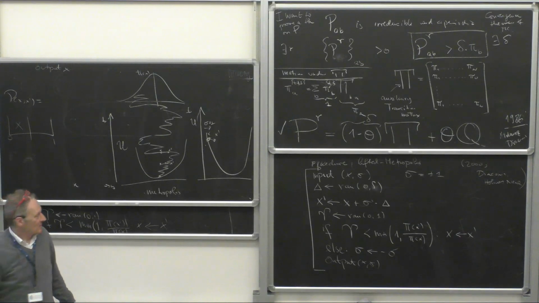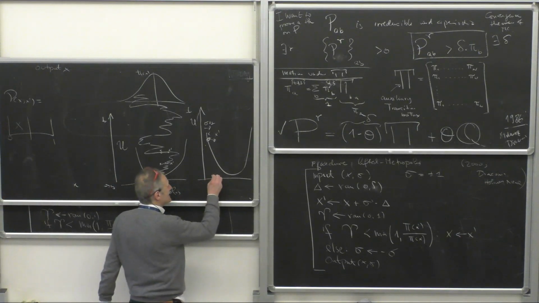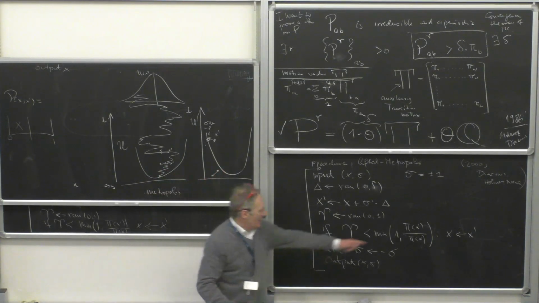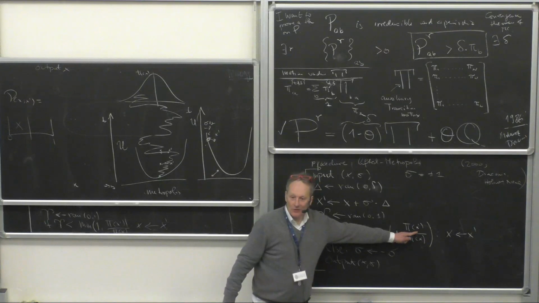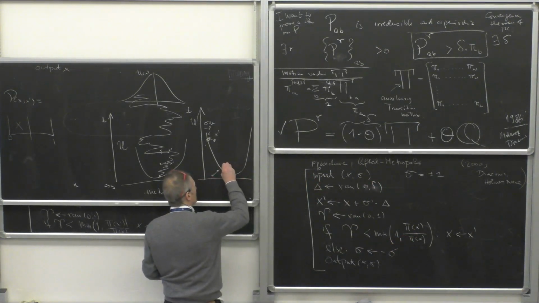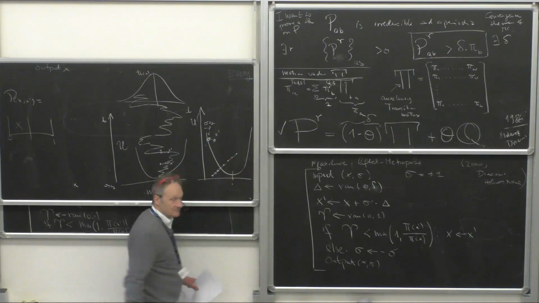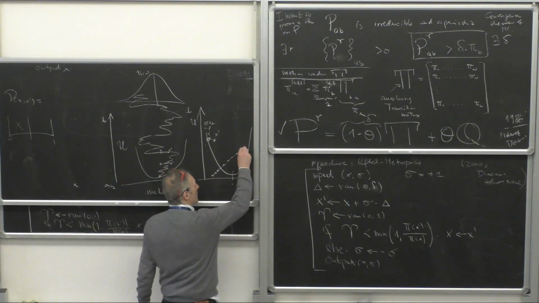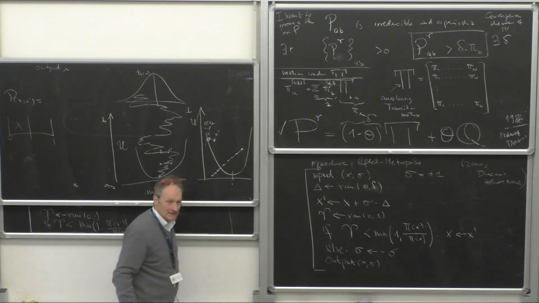No. So I'm starting here and I'm accepting the move, because pi of x prime is larger than pi of x, so I accept the move with probability 1. Then I move here. So here is 0. Then I move here. Then I move here. Then I move here. Then I move here. So now I reject the move.